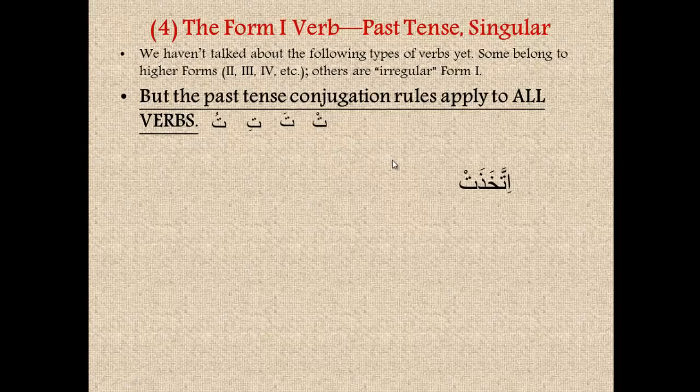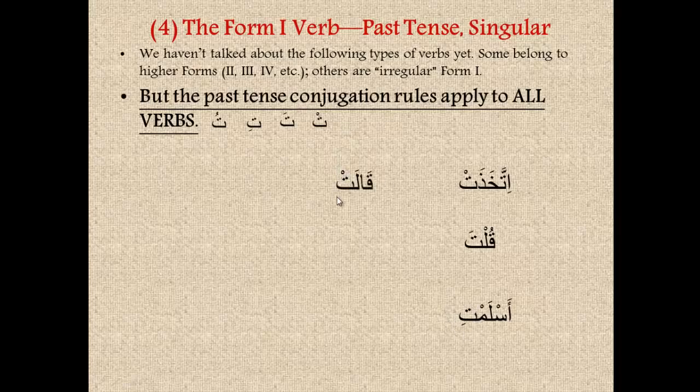Ittakhadat is a form 8 verb. We don't know what it means, and at this point we don't care, but we see the ta at the end, which tells us it's conjugated for hiya in the past tense. So she is doing this action, whatever it is. Qulta, we see the ta. This tells us the verb is conjugated for anta. Aslamti, we know the verb is conjugated for anti.